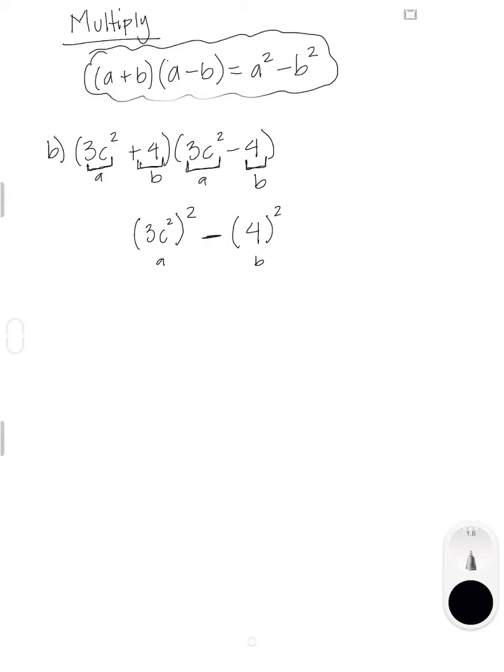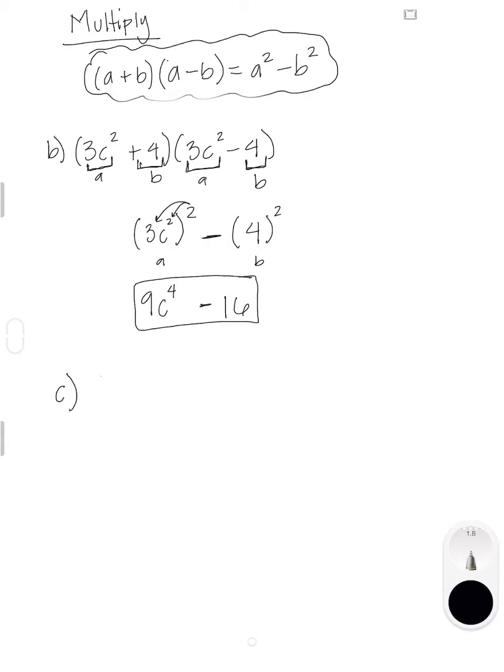So this is a squared and then b squared. For the first term, the square will be distributed, so we are going to have 9c to the 4th minus 4 squared, which is 16.